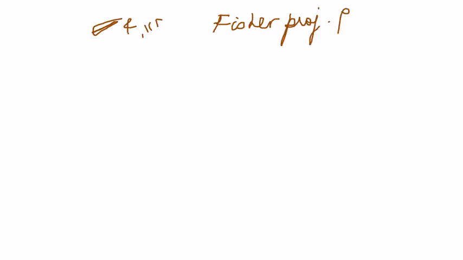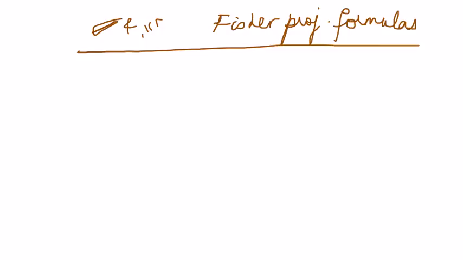Okay, let's quickly learn how to convert the wedge and the dash to Fisher projection formulas. Essentially, Fisher projection formulas are a really nice, easy way to have access to the R and S really quickly.